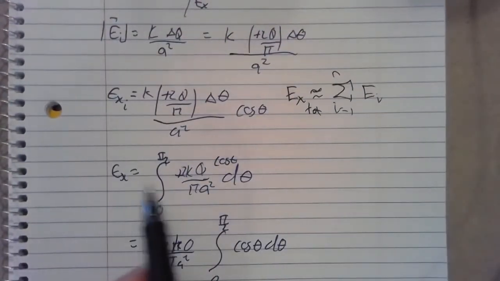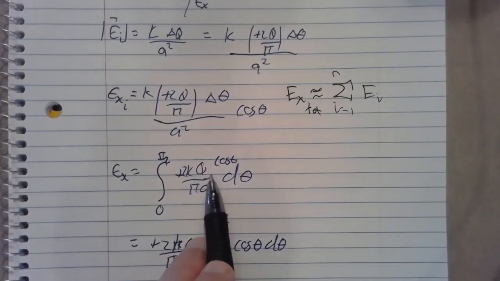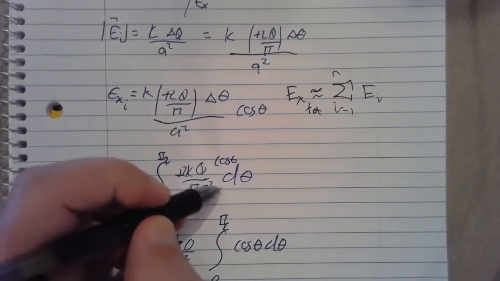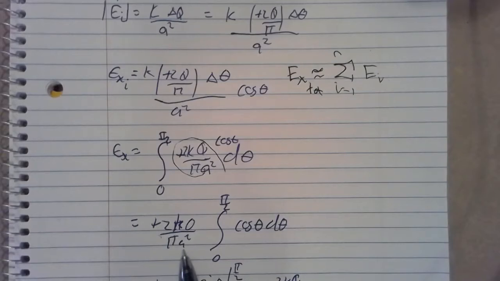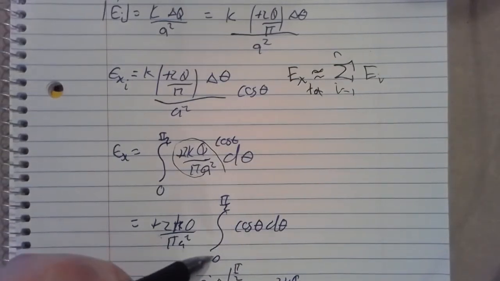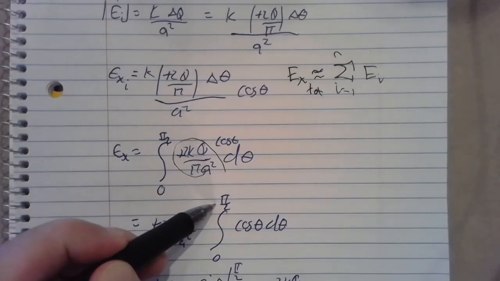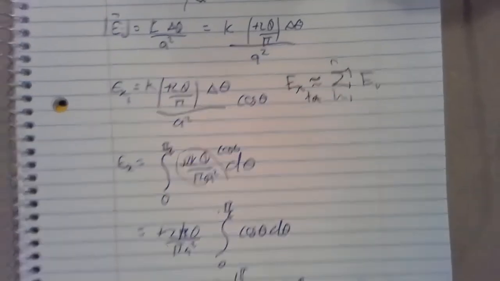So we get this integral that says 2kq cosine theta over pi a squared. All of this is a constant, so that can come out. 2kq over pi a squared comes out, and I'm integrating cosine from 0 to pi over 2. Antiderivative of cosine is positive sine.